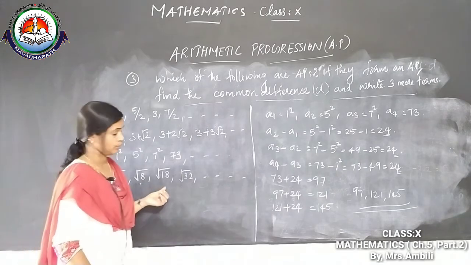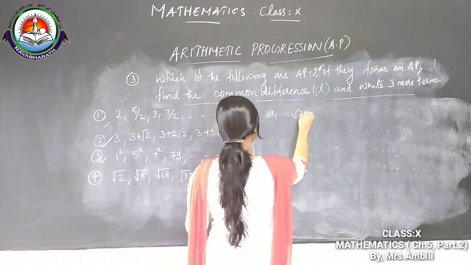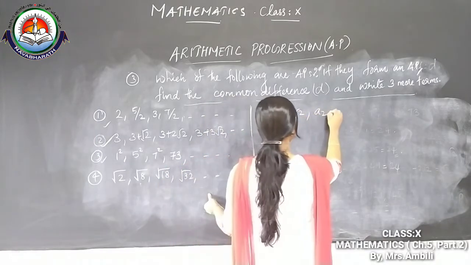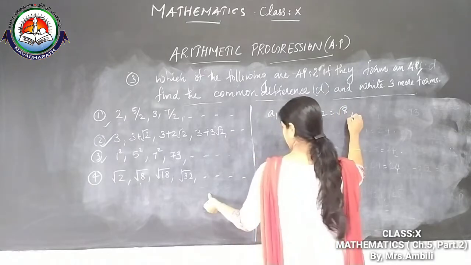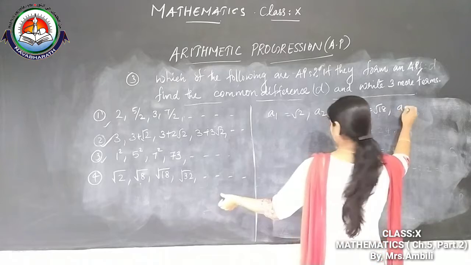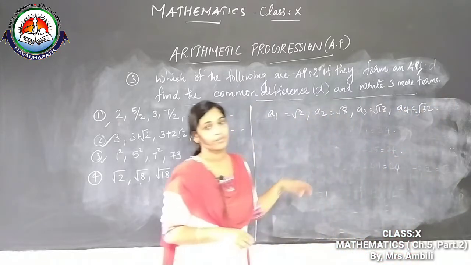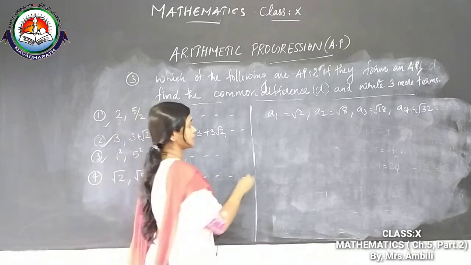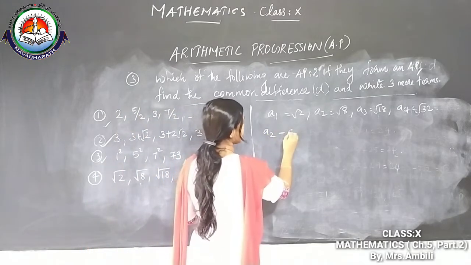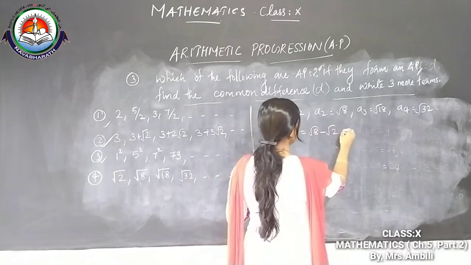Root 2, root 8, root 18 and root 32. A1 equal to root 2, A2 equal to root 8, A3 equal to root 18, A4 equal to root 32. Okay. So, A2 minus A1 equal to root 8 minus root 2.